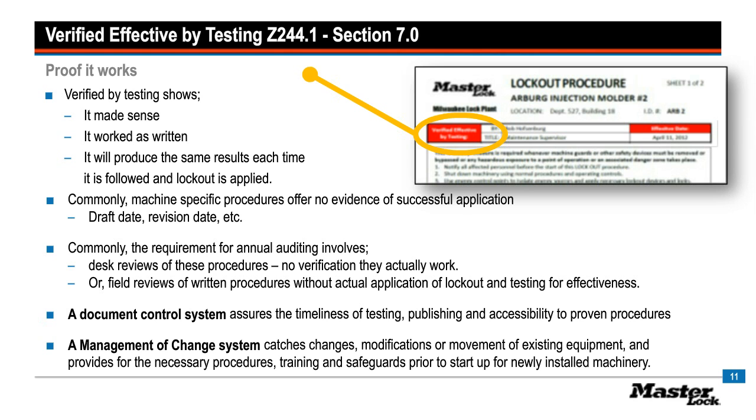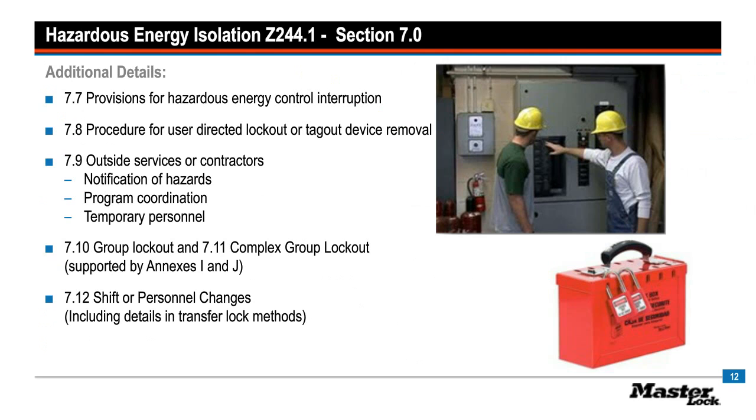Hazardous energy isolation. Some of the details that we wanted to update was to provide for control interruption when we have got to re-energize and test machinery and so on. What are procedures that should be followed? What are lessons learned in order to be able to position and test equipment?